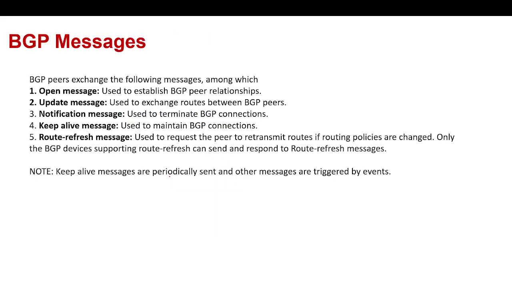To the next slide about BGP messages. Remember, this is just an overview of the BGP protocol, just an introduction. If you want to dive deep into the protocol, you will have to do further reading about these BGP features.